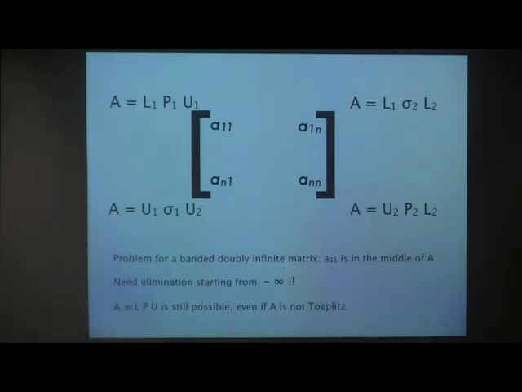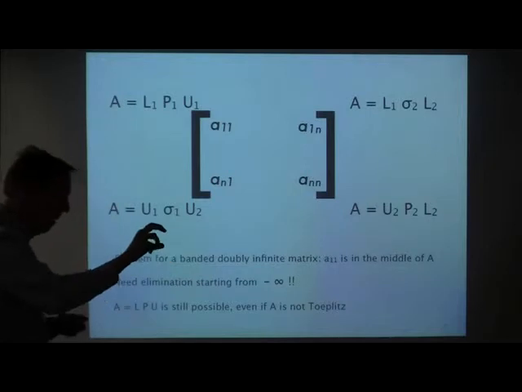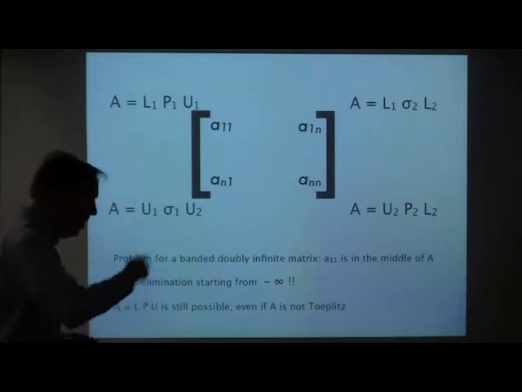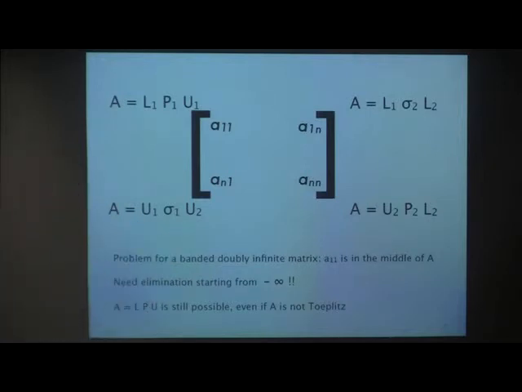MATLAB would never settle for LPU. MATLAB, which really does these problems, does many more row exchanges than strictly necessary. If it has a small number in the pivot, it does an exchange to get a bigger number there.